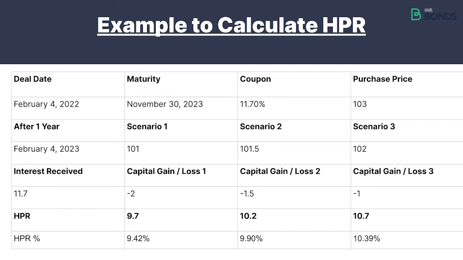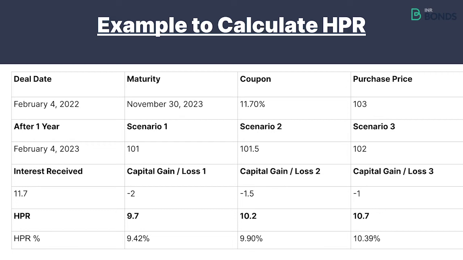Assuming that interest rates have moved up over that period, the investor in scenario 1 is able to sell the bond at a price of only 101 rupees. What is the return the investor is getting here? For every 100 rupees invested, the investor will receive 11.7 rupees, because the interest payable is 11.7% on the face value of the bond, which is 100.